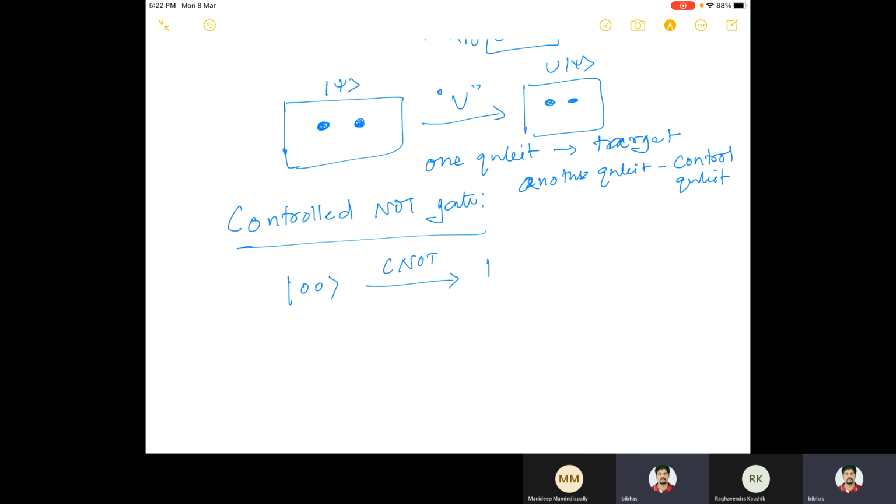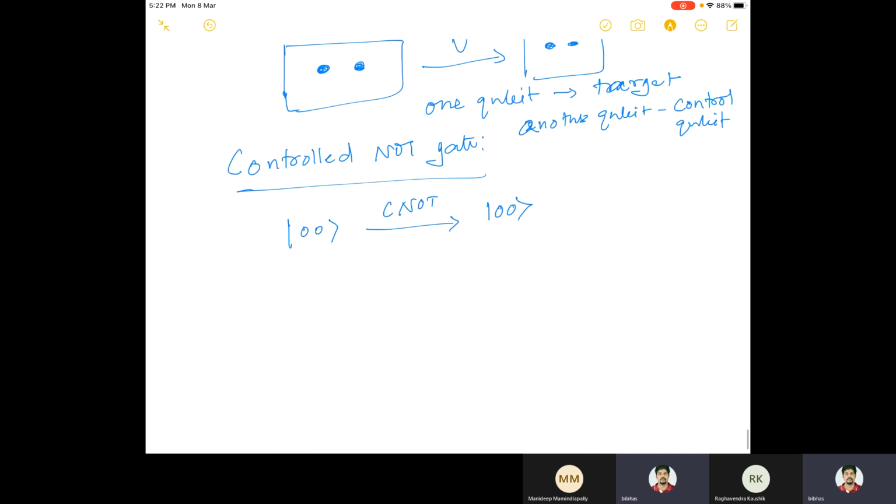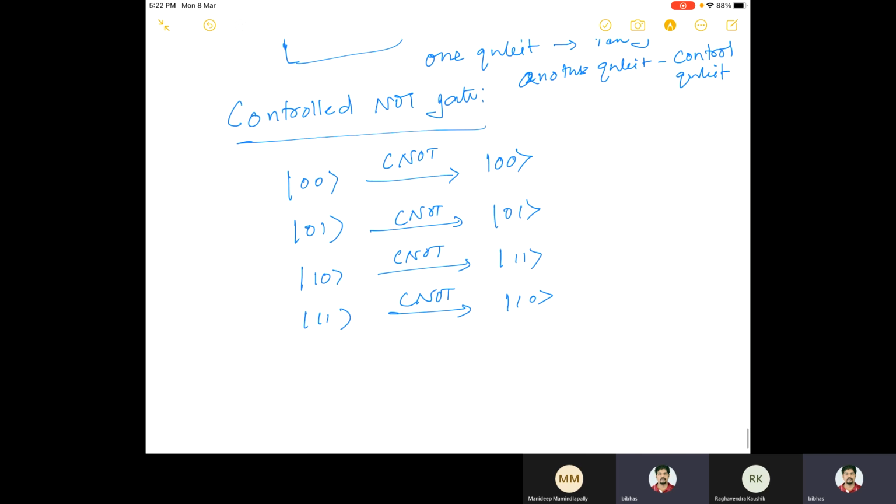Under this operation, 0 0 will remain, it will not do anything, and 0 1 will go to 0 1, so it will be identical. Then 1 0, and 1 1 goes to 1 0, which is CNOT. So what is happening is, when the first qubit is in state 1, then the NOT gate operates on the second qubit.